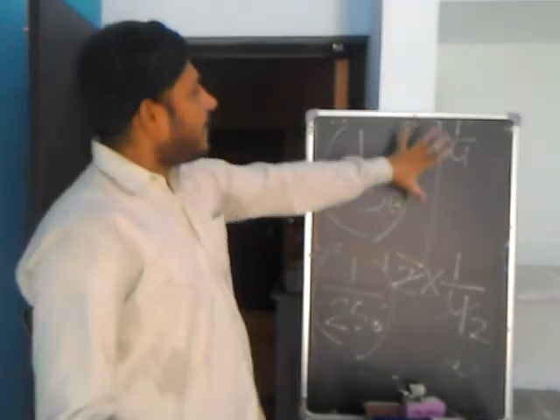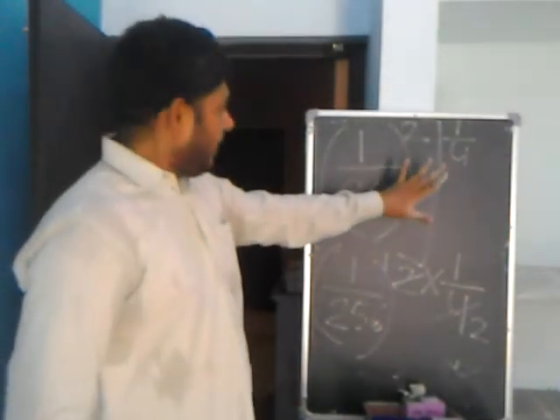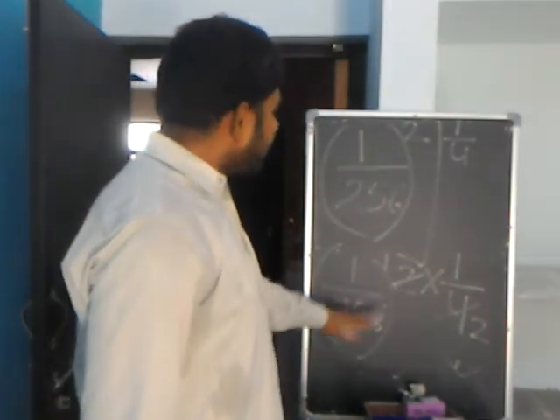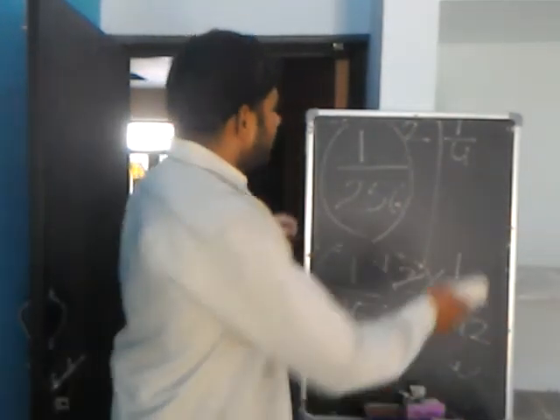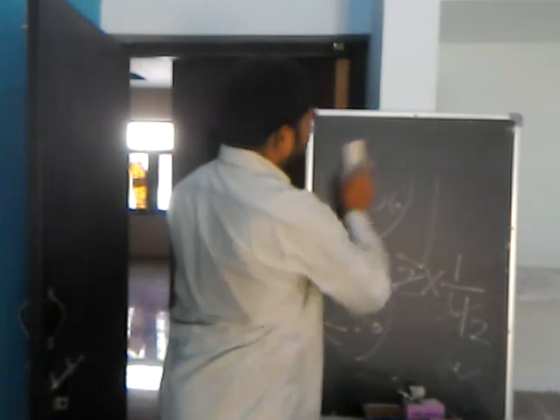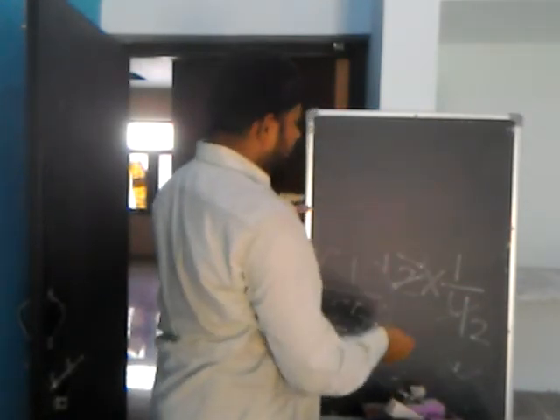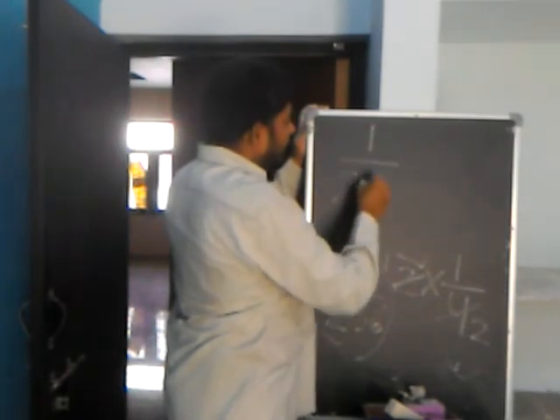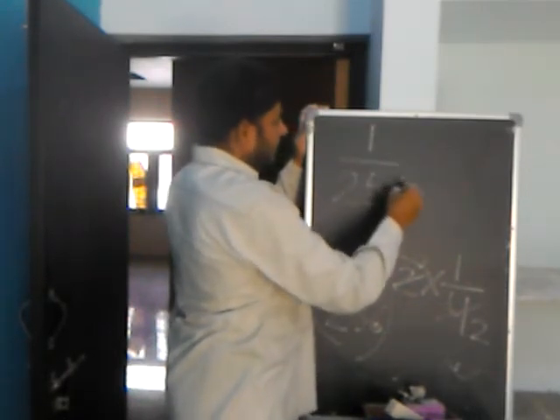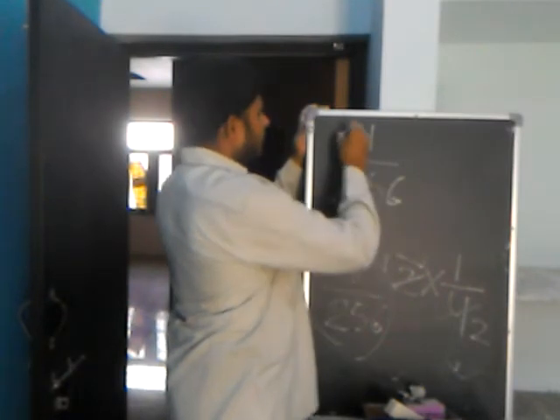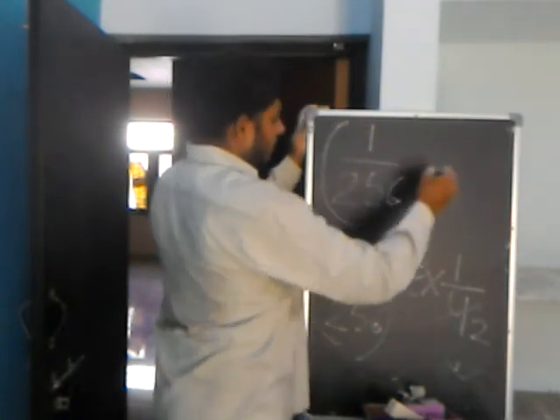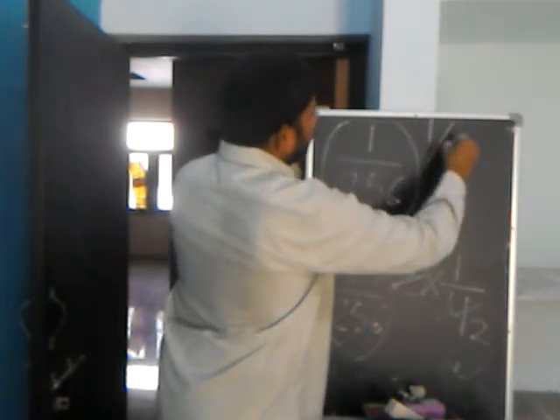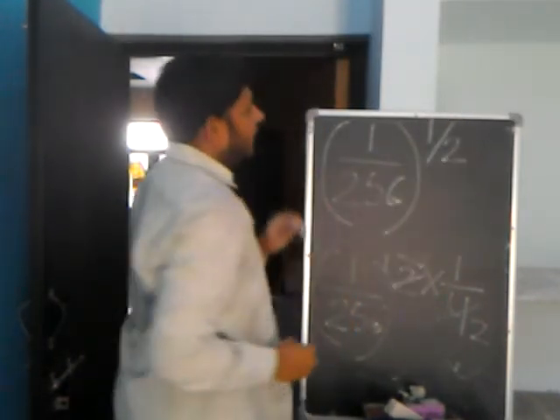What I did: this was my question, it came in this form, then I simply converted it, solved it, and I got 1 upon 256 raised to the power 1 by 2.